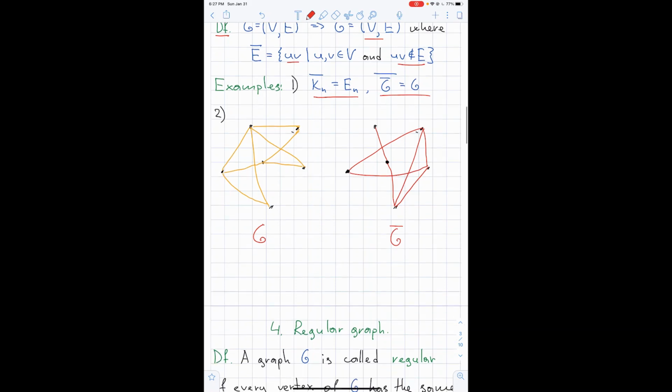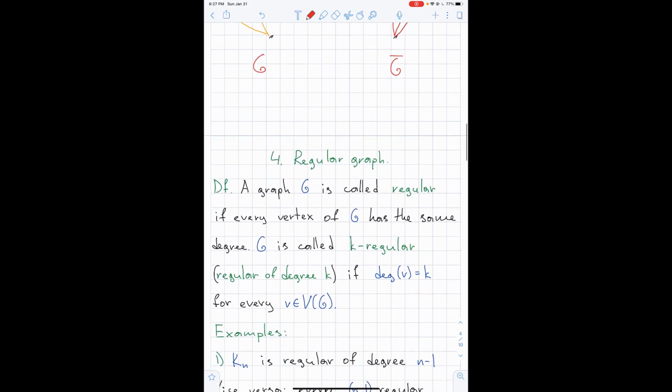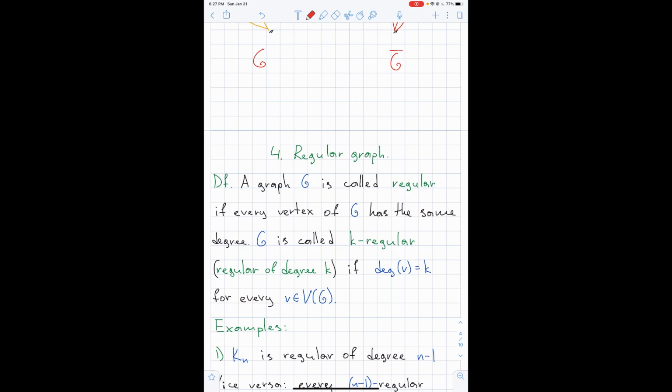Now another type of graphs. This is kind of a wider type of graphs than empty graphs or complete graphs. These graphs are called regular graphs. And the definition is as follows.